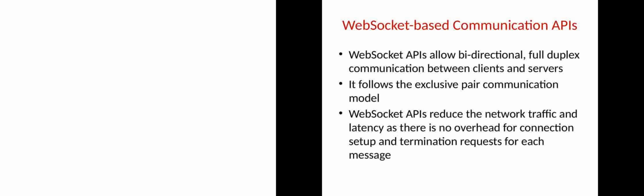See, in the case of REST, first a client has to send a request to the server and the server has to respond to it. But here in WebSocket APIs, it allows bidirectional and full duplex communication between clients and servers. It follows the exclusive pair communication model.